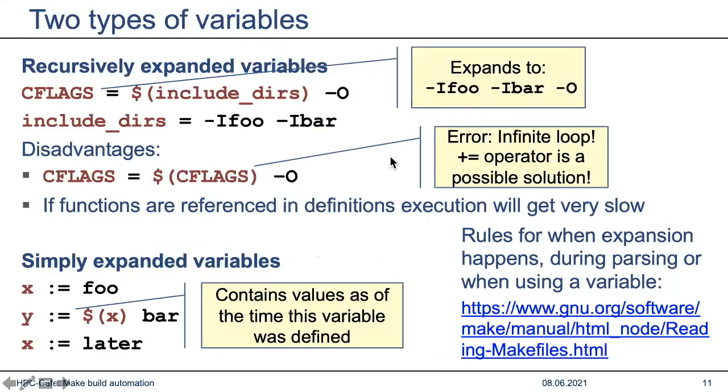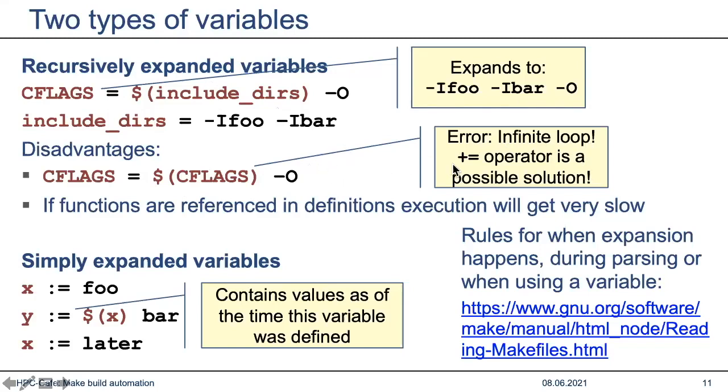There are two basic types of variables. The default type are recursively expanded variables, defined by a simple equals operator. So here in this case, your reference to include dirs will expand to -I foo -I bar -O, as expected. This is fine. This usually behaves in a lot of cases as you want it. The disadvantage is this doesn't allow something like saying, okay, I want to add to CFLAGS. So I specify CFLAGS = $(CFLAGS) -O. This is an error. Make will give you an error with that because it creates an infinite loop.